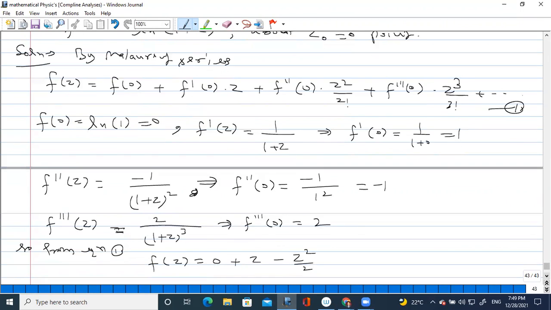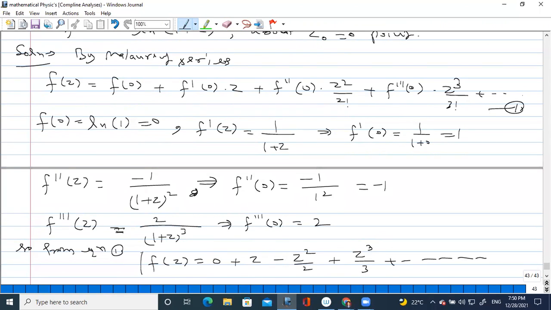Factorial also you can solve. And this f'''(0) will be plus 2, but when you remove this factorial it will become 3 into 2, and 2 to 2 will cancel. So that will become z cube by 3 and plus dot dot dot.